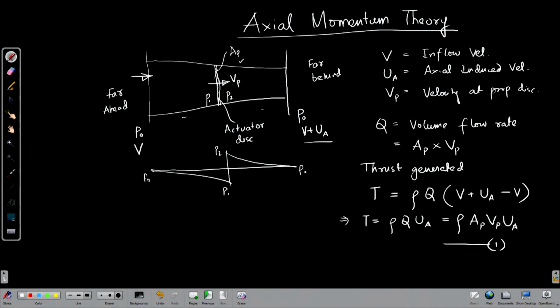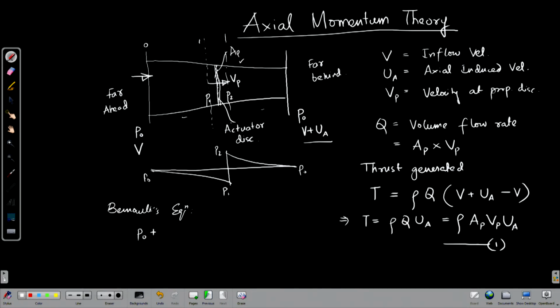Now, let us take two sections of the fluid, one just ahead of the propeller disc and one just behind the propeller disc. If we apply Bernoulli's equation between, let us say, section 0 at the inlet and section 1 here, what do we get?